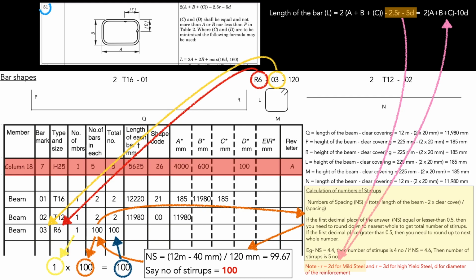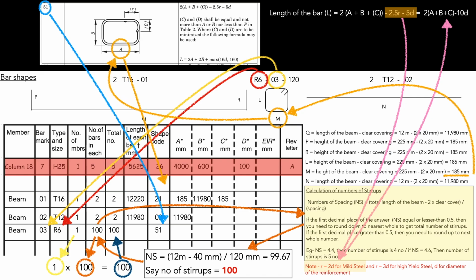the number of spaces. The answer for number of spaces needs to be rounded up or down to the nearest whole number to get the number of stirrups. For this example, number of spaces is 99.67 and the number of stirrups is 100.